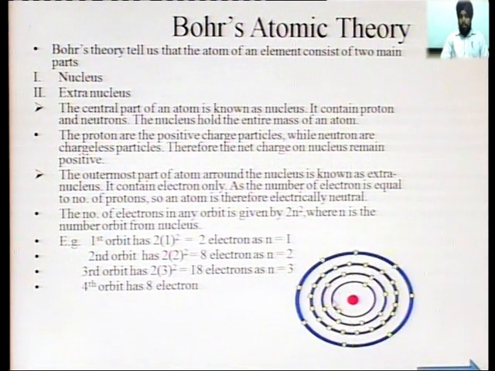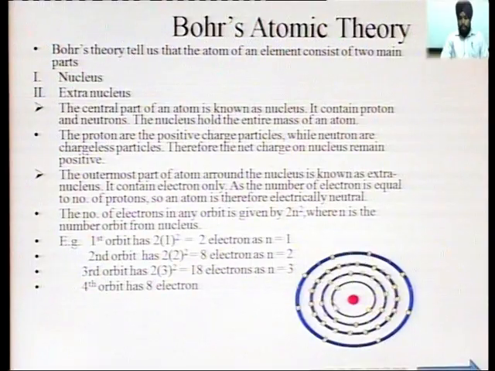The part around the nucleus is called extra nucleus, and it contains the electrons only. The blue circles you can see, these are the electrons. These electrons revolve around the nucleus in a particular shell. If you can see that the electrons are revolving around the nucleus in different orbit or shell.